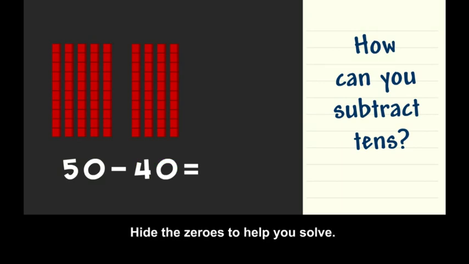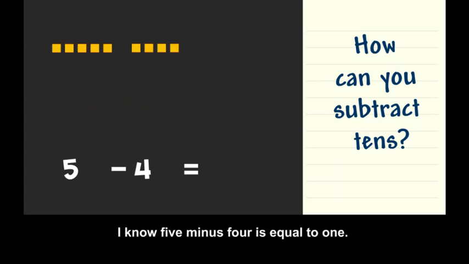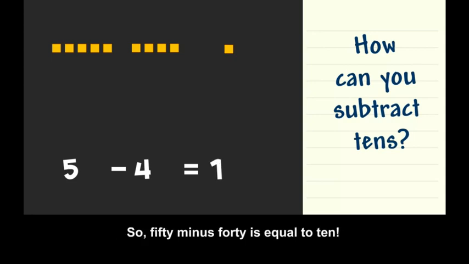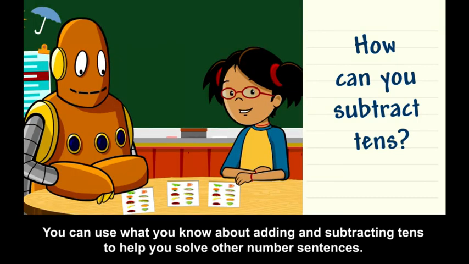Hide the zeros to help you solve. I know 5 minus 4 is equal to 1. So 50 minus 40 is equal to 10. You can use what you know about adding and subtracting tens to help you solve other number sentences.